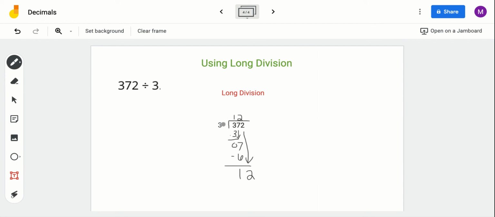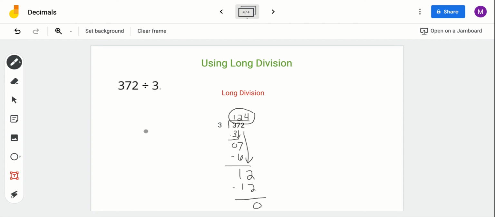And now I look at how many 3's can I get out of 12. Well, I can get 4 3's out of 12. 4 times 3 is 12. And I have nothing left over, so my answer, once again, 124.